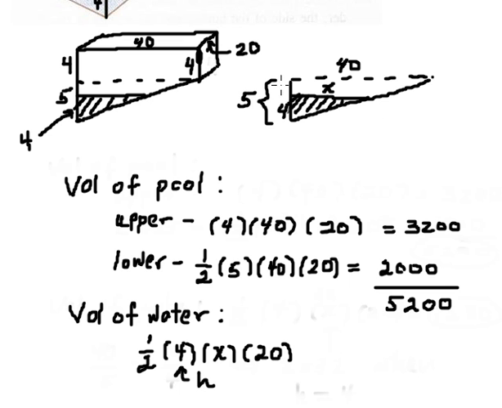We have a proportion: 40 is to 5 as x is to 4. Okay, this is 8, so we end up with x equals 32. All right, so this is 32. Okay, and we multiply that out, and the volume of the water is 1,280.